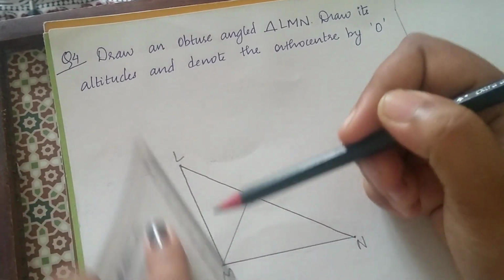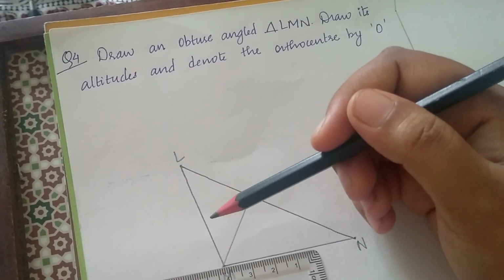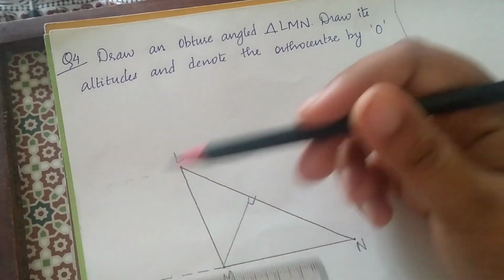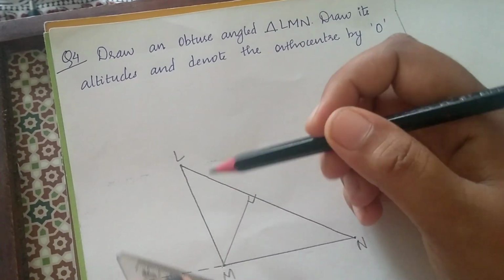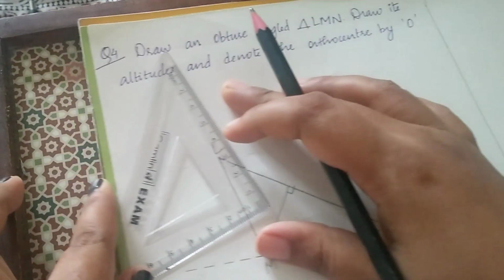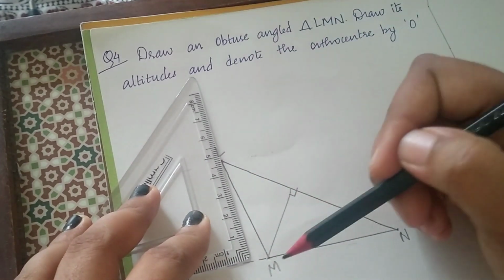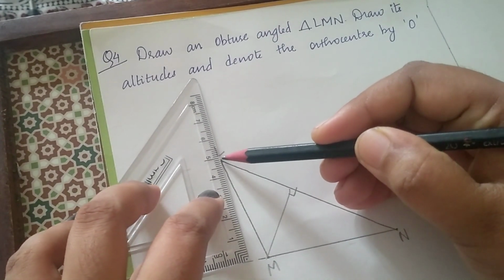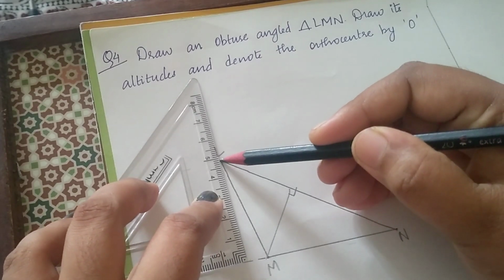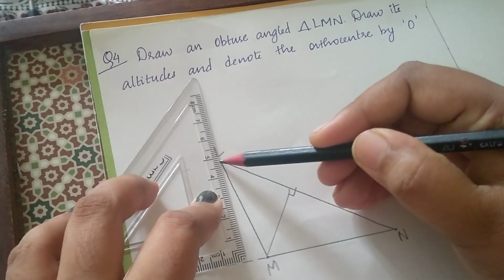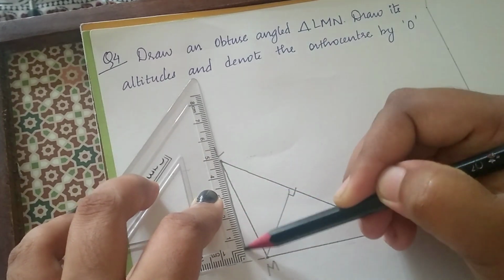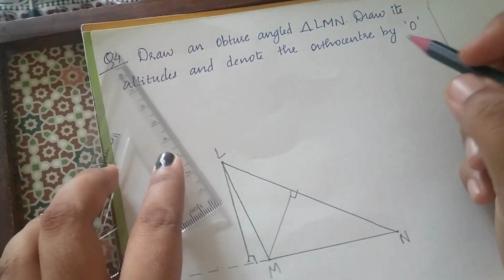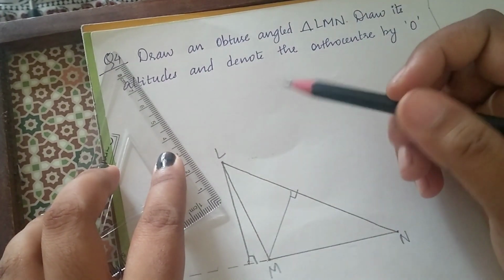So I will just extend it by dotted lines, as you can see here. Then keep the set square properly on that extended line. See the vertex tip, place it properly, and then you can draw the altitude from vertex L to the side MN. It is coming outside over here.